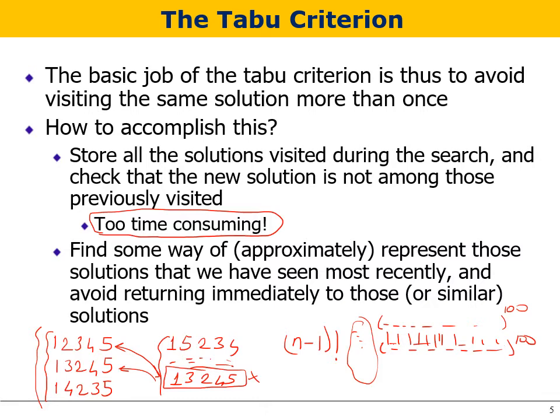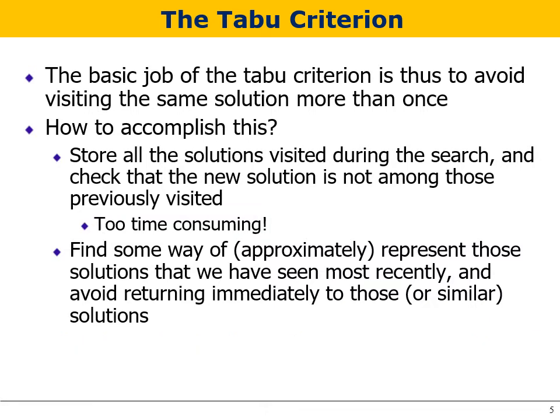So you need to find another way to overcome this problem. We need to represent these solutions in an intelligent way so that it avoids returning back to the previous solution. How can it be?